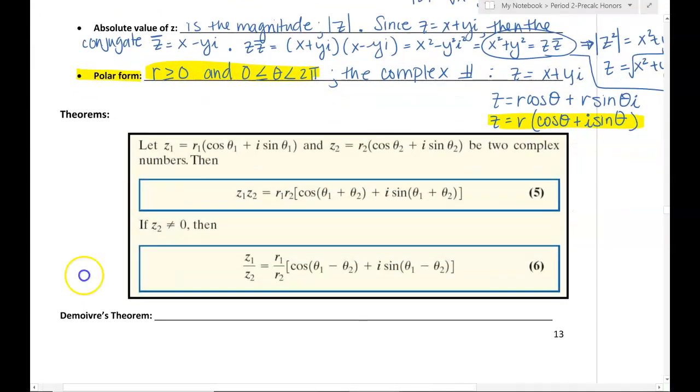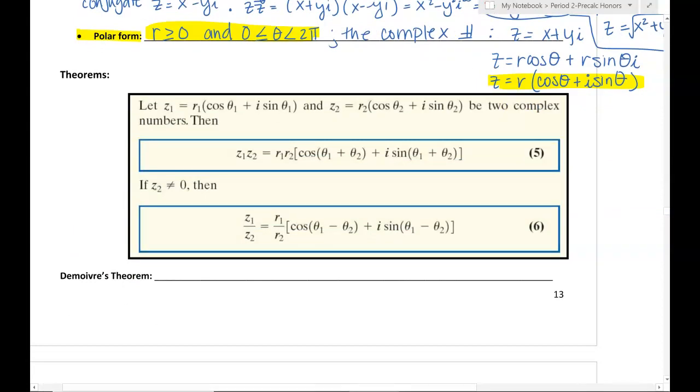Okay, so we got some theorems going on here. Let z1 equal radius sub 1 times cosine of theta sub 1 plus i times sine of theta sub 1. That is the polar form of a complex number. And z sub 2 equals r sub 2 times cosine of theta sub 2 plus i sine theta sub 2, be two complex numbers.